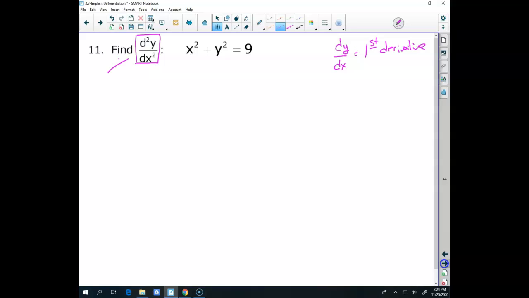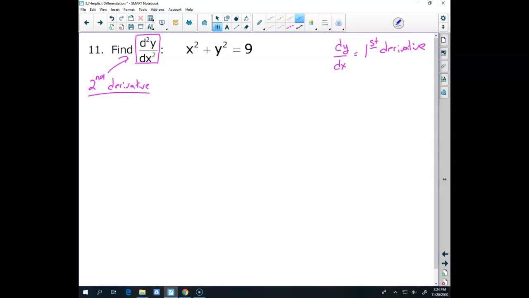What is that? That is my second derivative. Okay? These get dicey, guys. These get dicey. There's a couple ways to do these. You pick which way you like it.